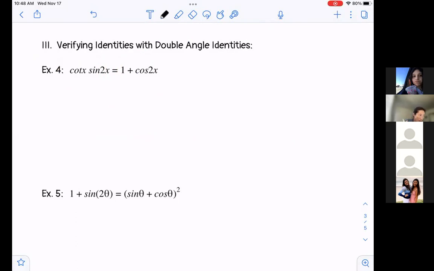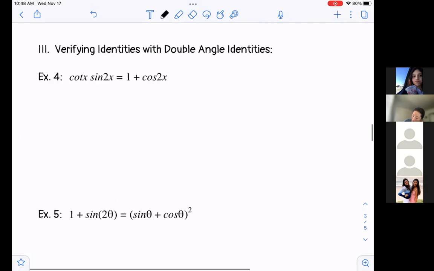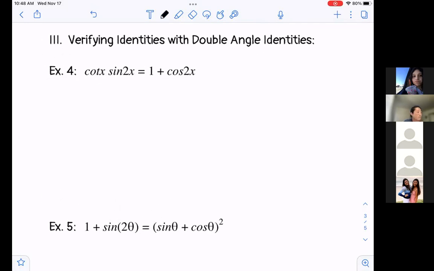As we begin, for example 4, you can work with either side. I think I chose to work with the left-hand side, but that's mostly because if I think about the other side, I worry about having to add a fraction, then I need a common denominator, and that's not something I really want to deal with.